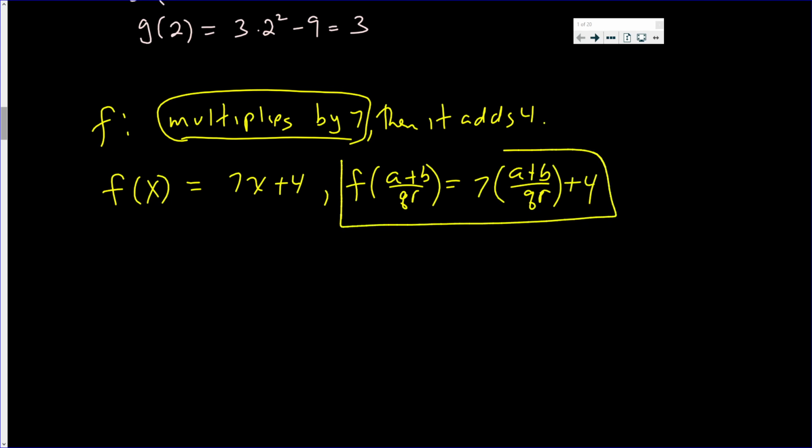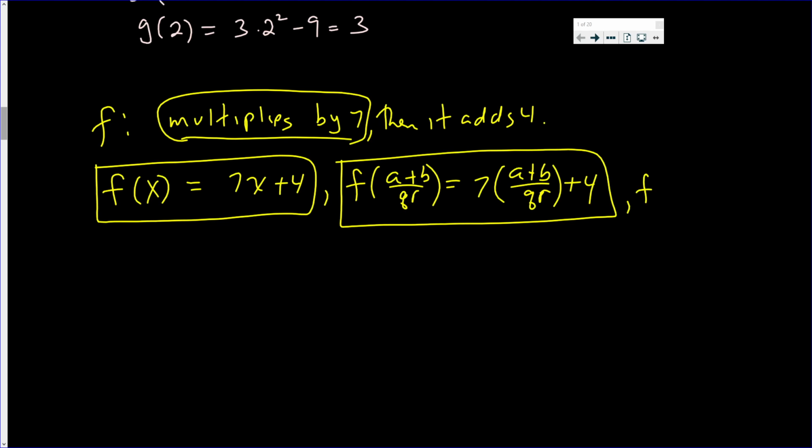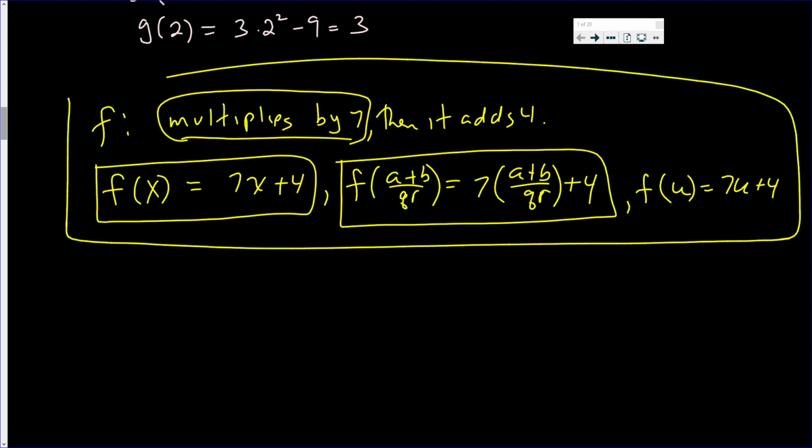You would get full credit in my class if you wrote that. You'll get full credit if you said f of u is 7u plus 4. Those, what's in the boxes, are 3 valid answers.